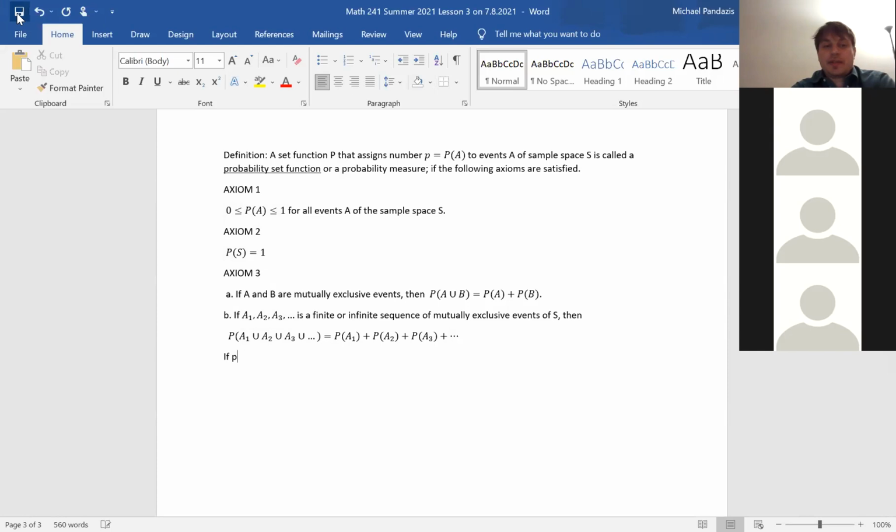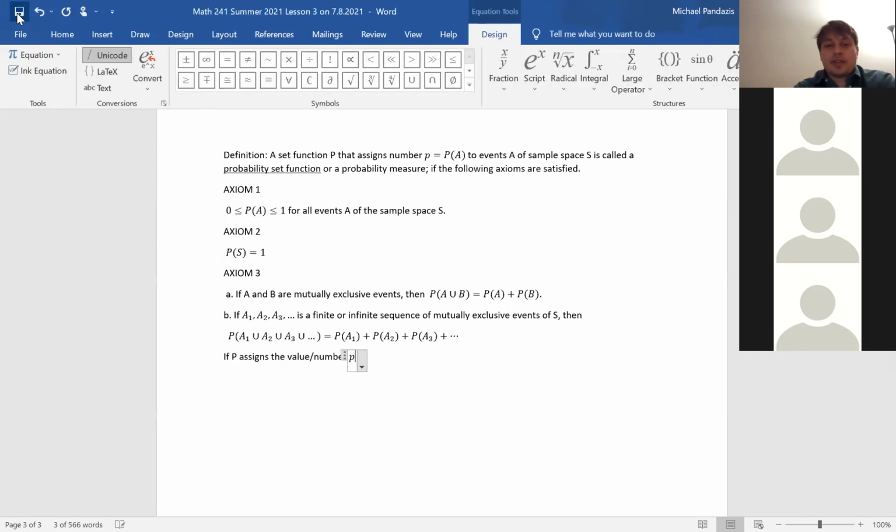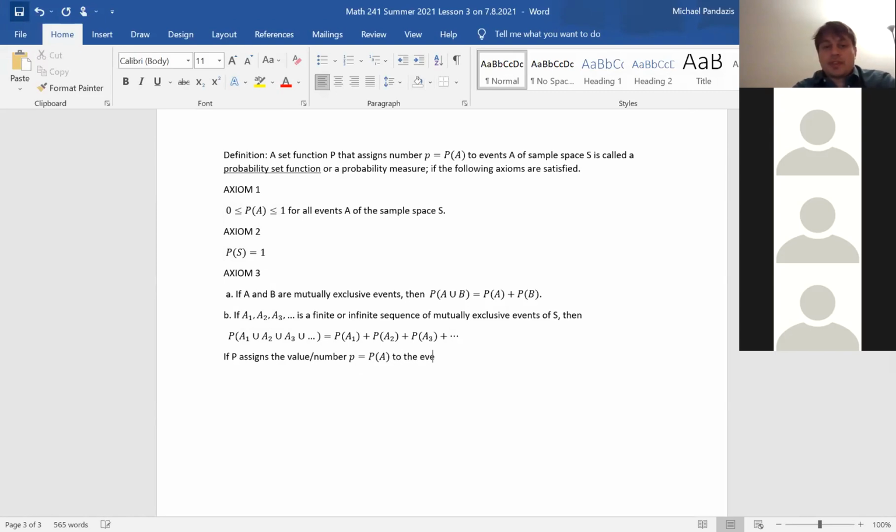Okay, and if P, this probability set function, assigns the value or number little p, which equals capital P of A, to the events capital A, then we say that little p, or P of A, is the probability of event capital A. Okay, so now P of A, which is known by little p, is the probability of the event A. Once it's established that this function P is a probability set function, its values are probabilities. Okay.